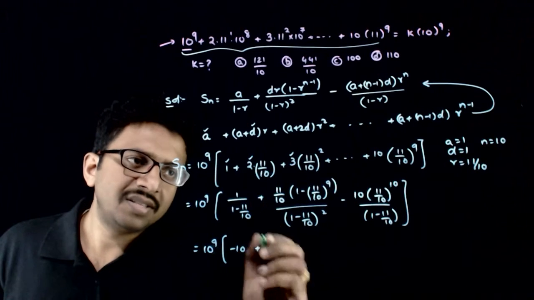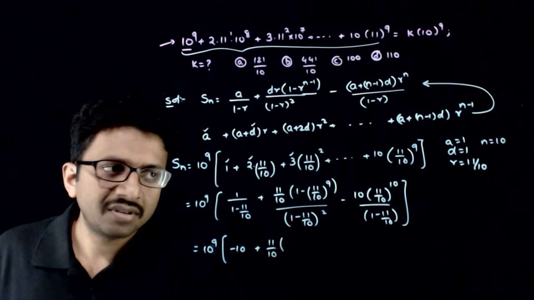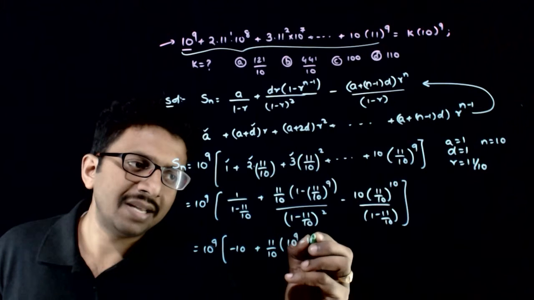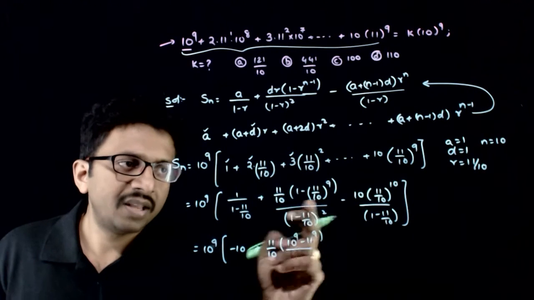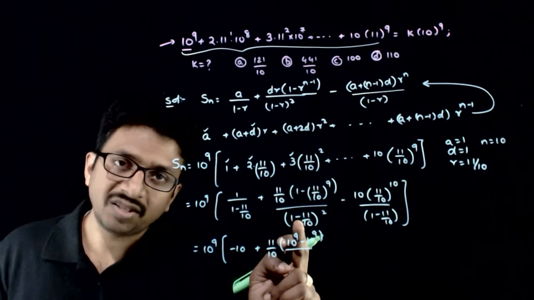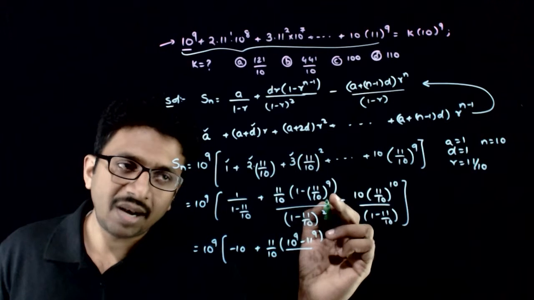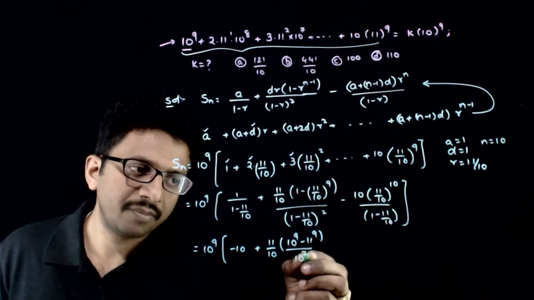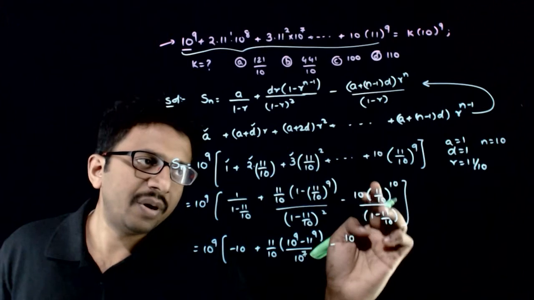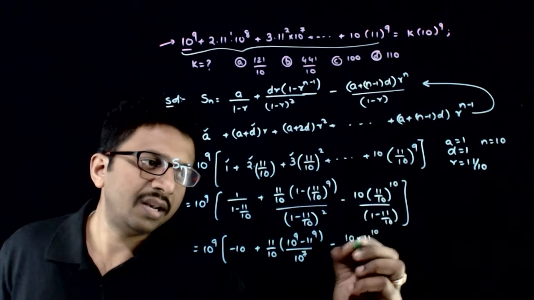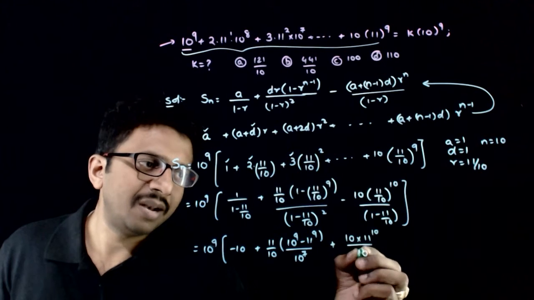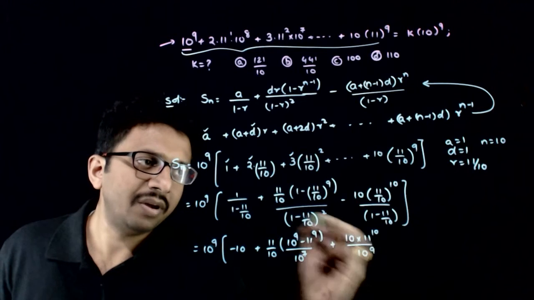Then plus (11/10) times (10^9 − 11^9)/10^9 over 1/10², which is (10^9 − 11^9) with 10^7 in the denominator. Then minus 10 times 11^10 divided by −1/10, which gives 10^10/10, that is 10^9.